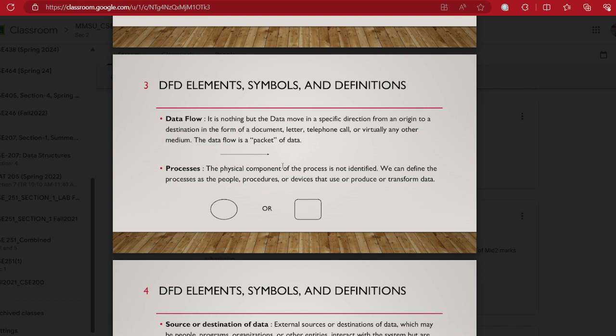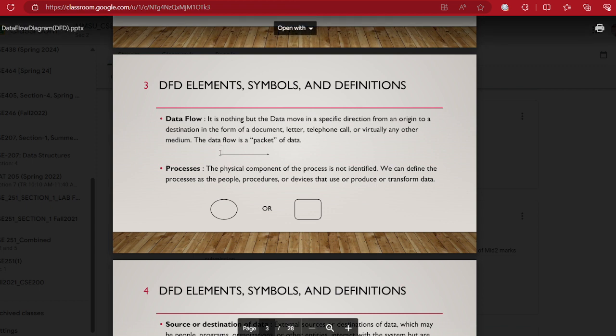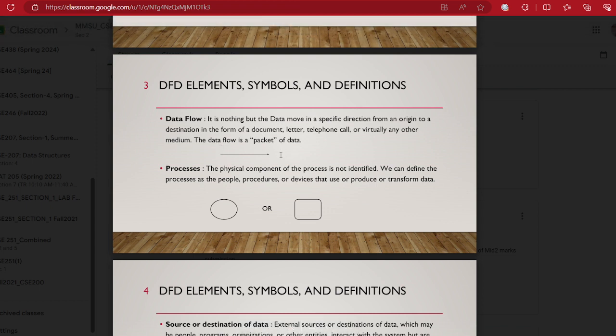So basically you can say that the login form is sending some data to the database for checking the credentials sent by a user. So that is what the data flow means. That is why direction is important: from which part we are sending the data to which part. That is important to understand.